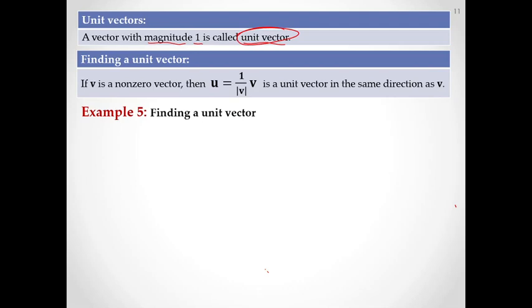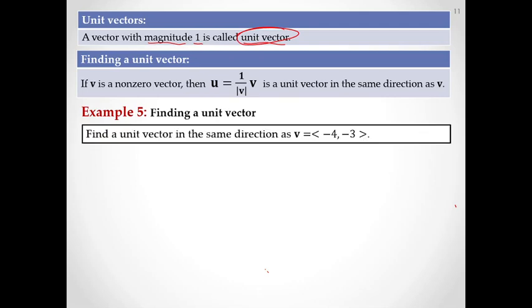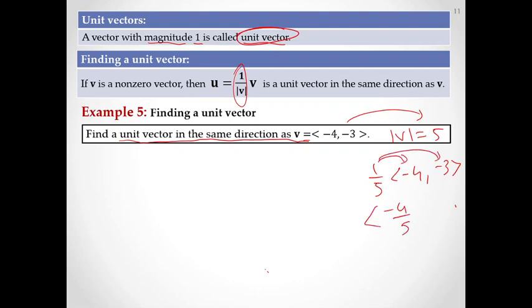This type of unit vector is used in physics and mathematics in several topics. Now find a unit vector in the same direction as v. What we do here is find 1 over the absolute value of v, which is 5. You can check. And then it will be 1 over 5 times v. What does this mean? You multiply the scalar with the components, so you will get this one.